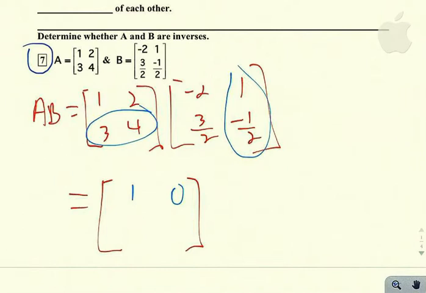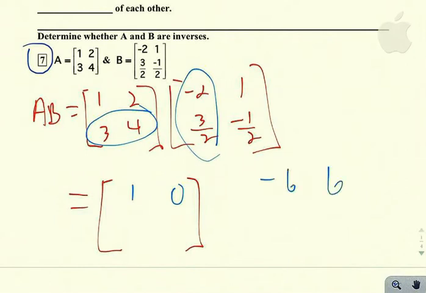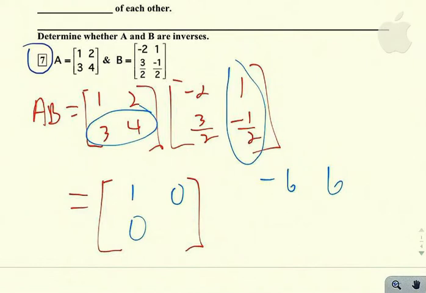Now for the second row, first column. First number is minus 6, second number is positive 6, add them, you get 0. And now for the second row, second column. Multiply the first numbers, you get 3, second number is minus 2, add them, you get 1.